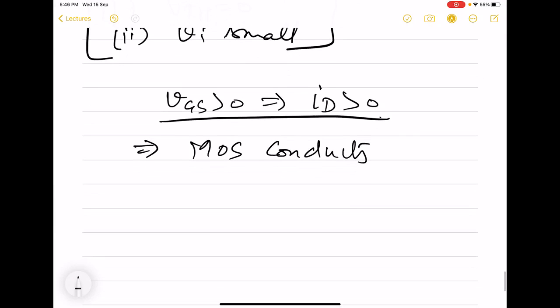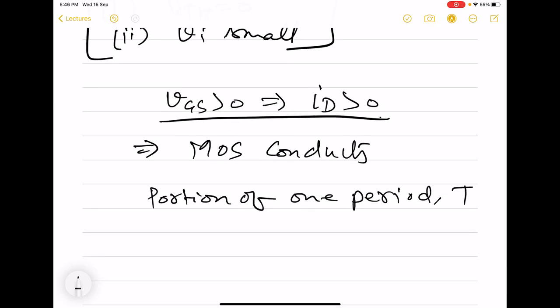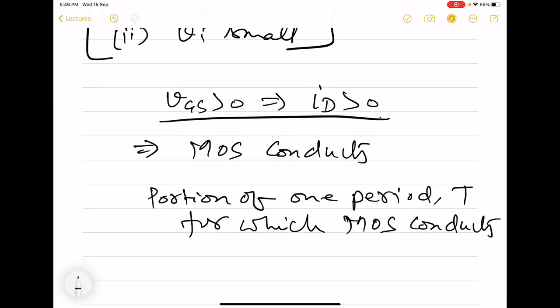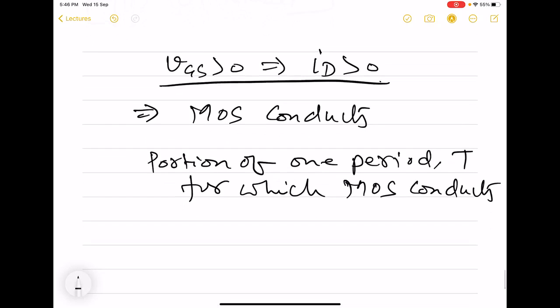And the portion of one period T for which MOS conducts is used to define the various classes or the conduction angle.